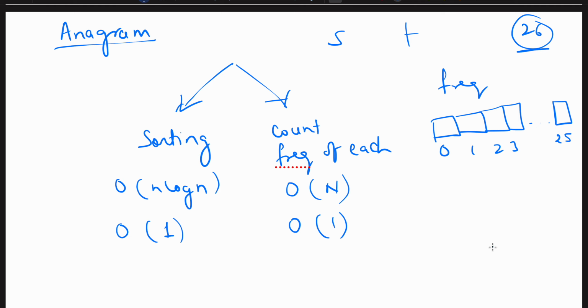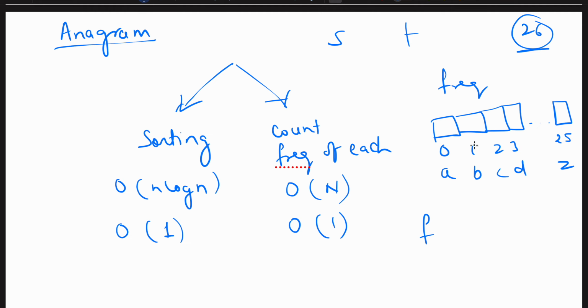The last index will be size minus 1, and here index 0 will count the frequency of small a, index 1 will count the frequency of small b, c, d, and the 25th index will be the last, and it will count the frequency of z.